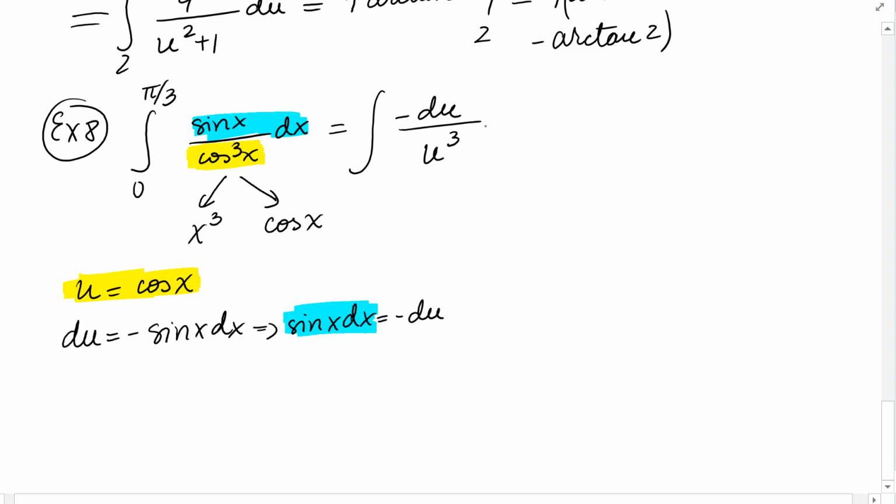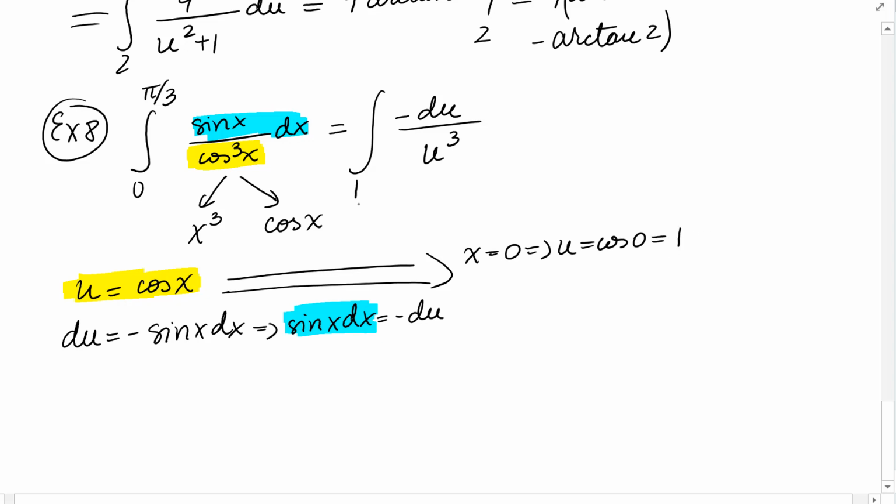The limits of integration are going to change as well. If x equals 0, then u equals cosine of 0, which is 1. So the new limit of integration is from 1. If x equals pi over 3, u equals cosine of pi over 3, which is cosine of 60 degrees, which is 1 over 2. It goes from 1 to 1 over 2.